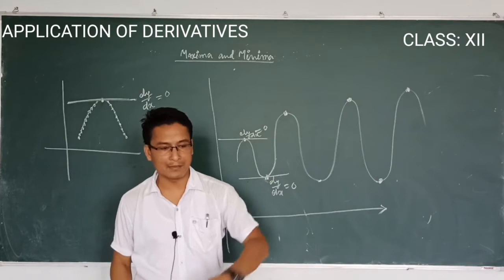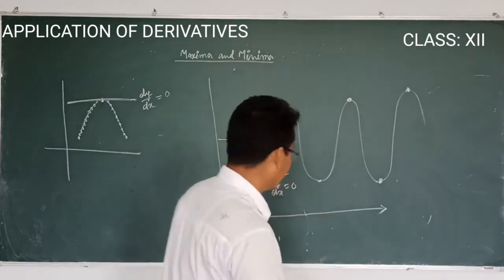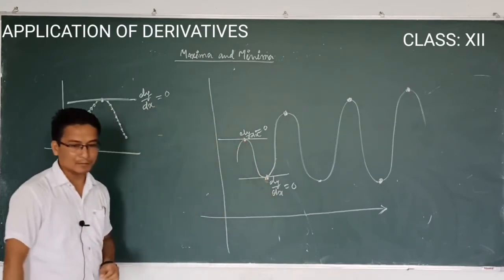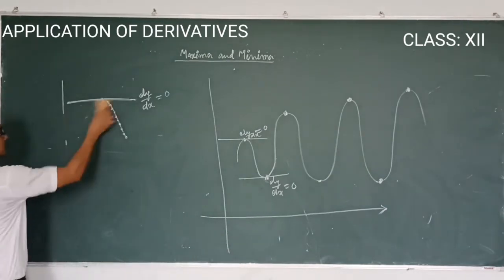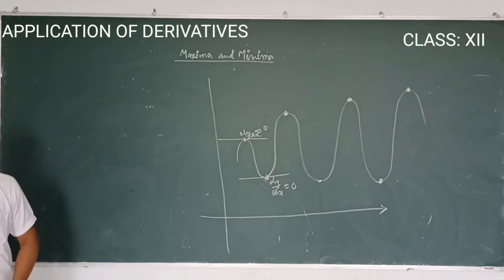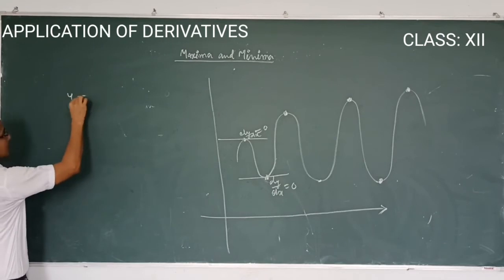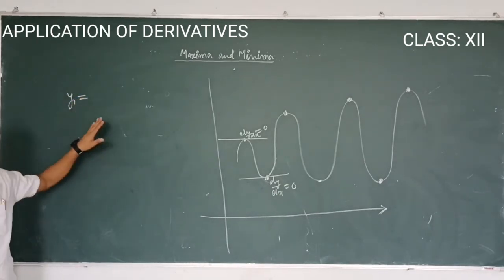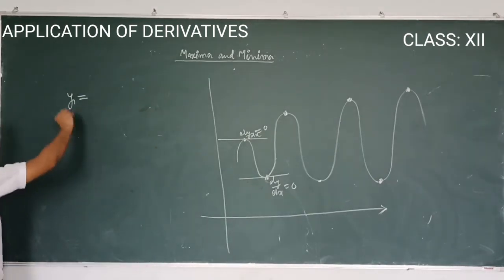Today I will show you a little, then after that I will go for the definitions one by one. First I will go for the first derivative test, then the second derivative test, and I am going to solve some examples. Now for the second derivative test: whatever the function is, suppose this is the curve.